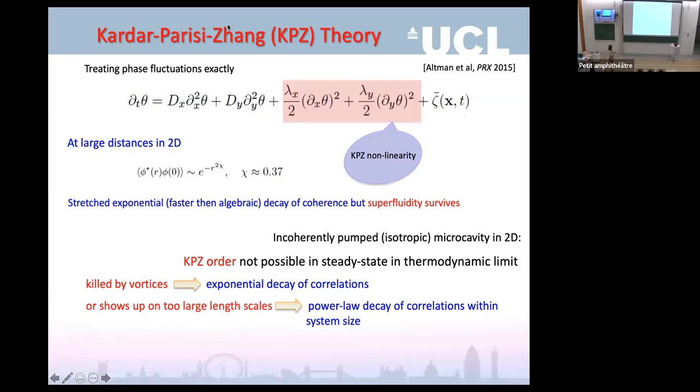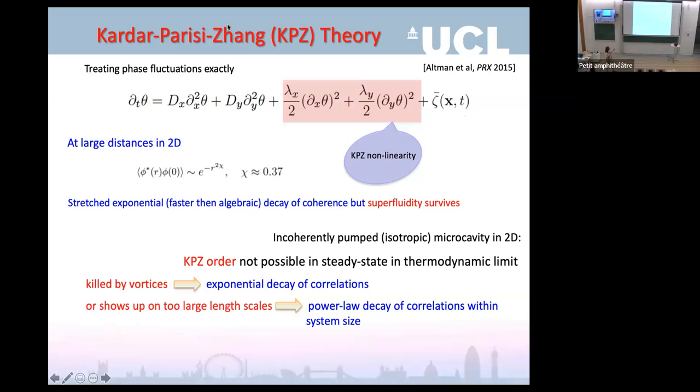If you look at systems close to the phase transition, that will be killed by the usual BKT type of vortices. Away from the phase transition, there will still be single vortices which will destroy the order in the thermodynamic limit.